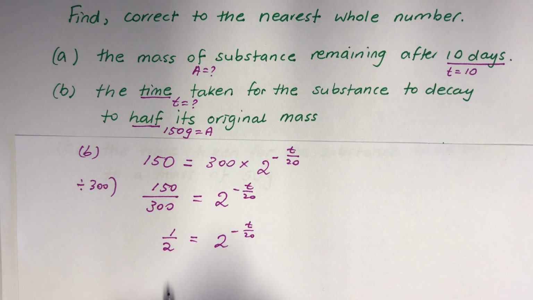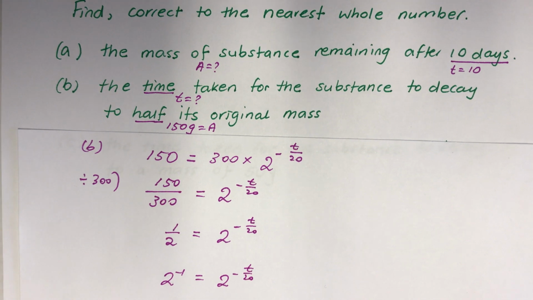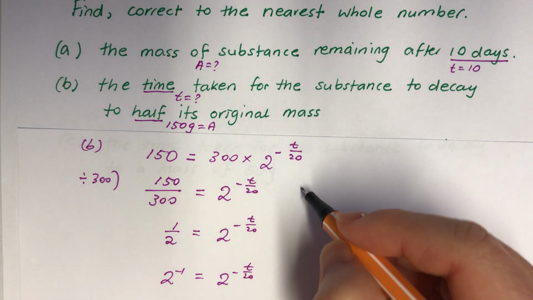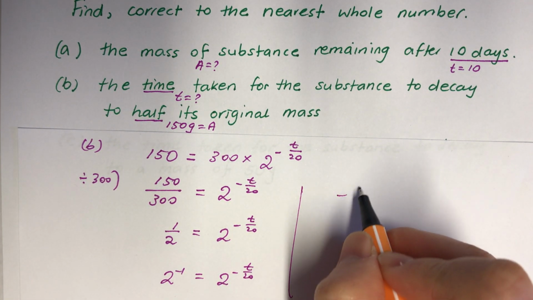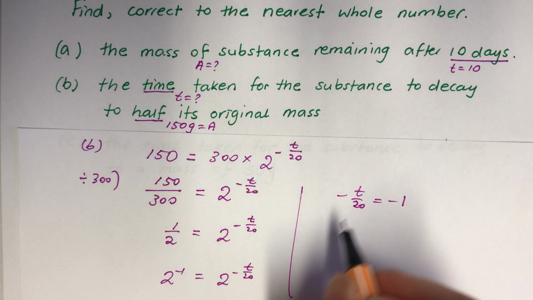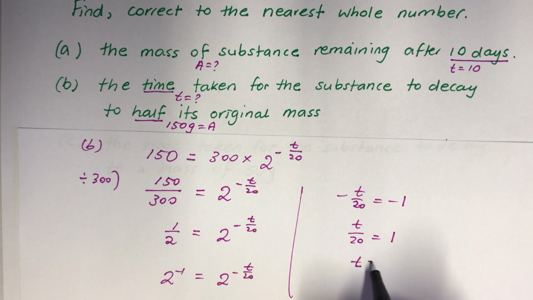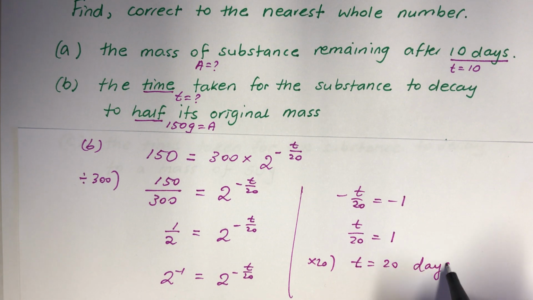Well, that's pretty easy, isn't it? Now this one's quite easy because all I have to do now is minus T over 20 equals minus 1. So I'm going to get rid of the negatives. So T equals times by 20 on both sides, 20. It'll take 20 days.